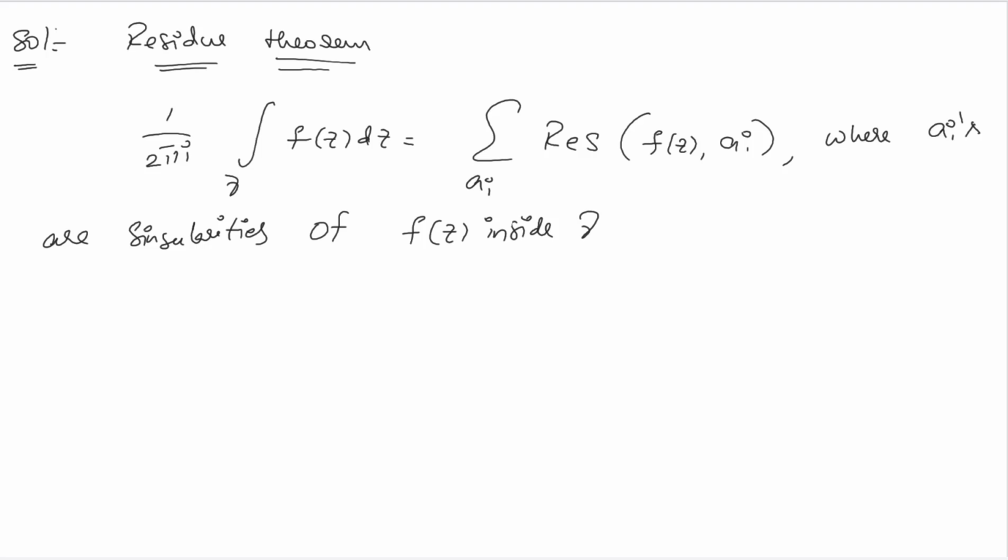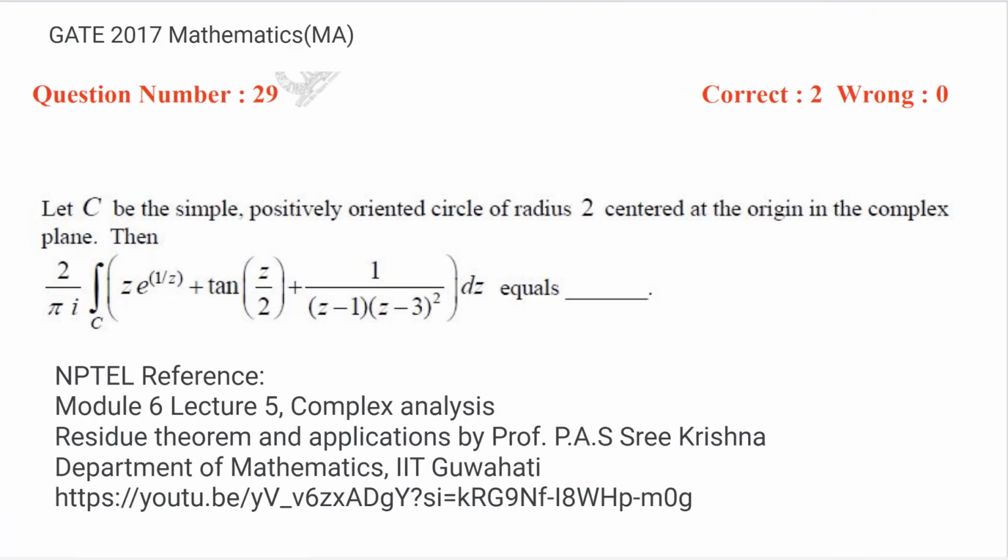So whatever the singularities outside this gamma, that does not matter. In fact, the term inside gamma matters in this problem. I'll explain why I'm saying that in particular when the time comes.